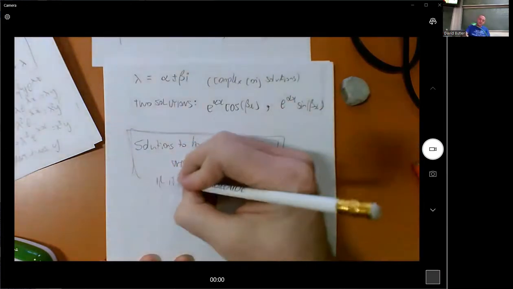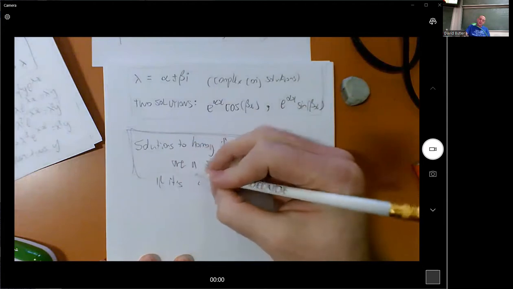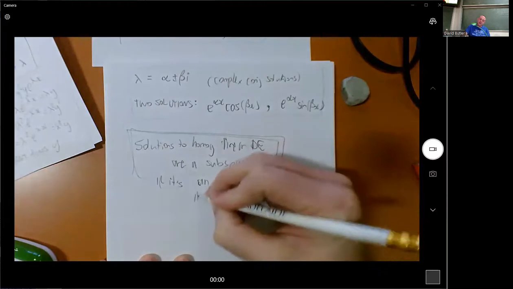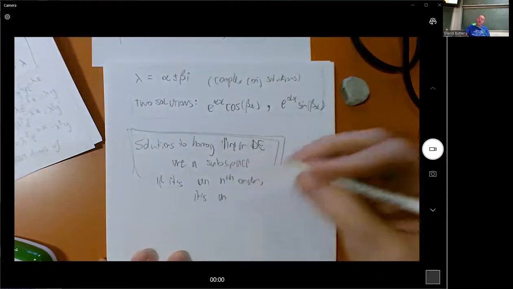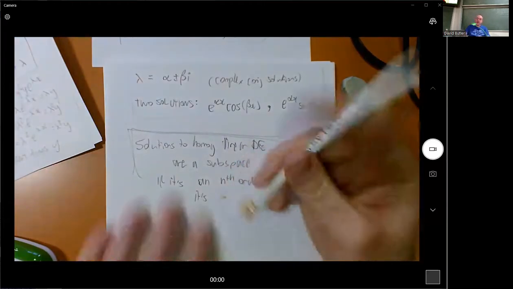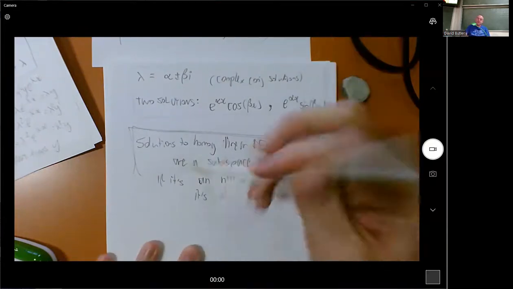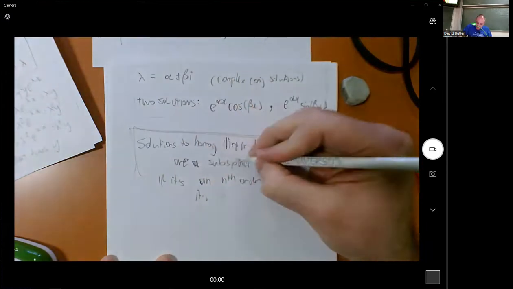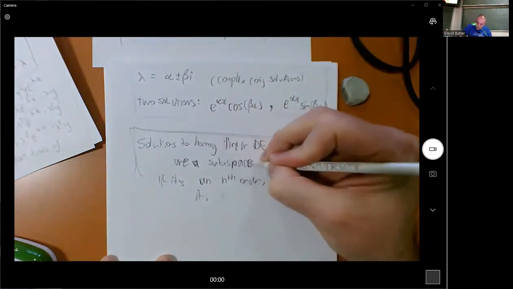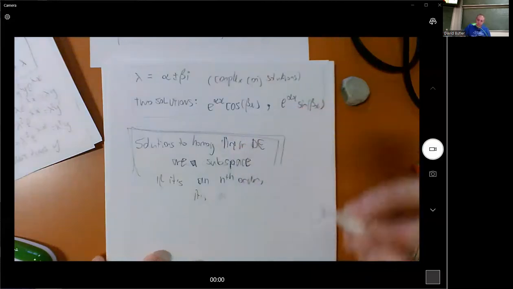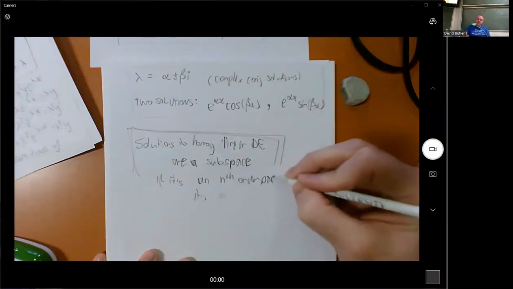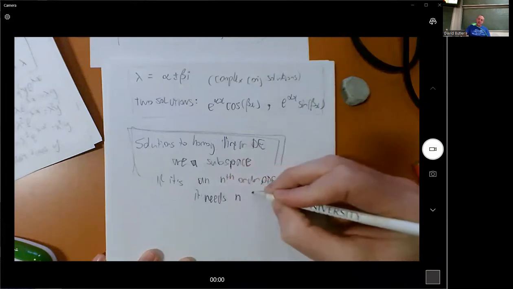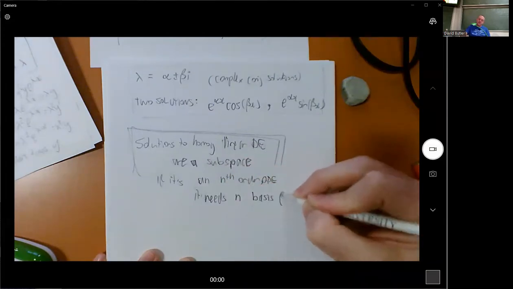So if it's an nth order ODE, it needs a basis with n functions. I need to write slower.